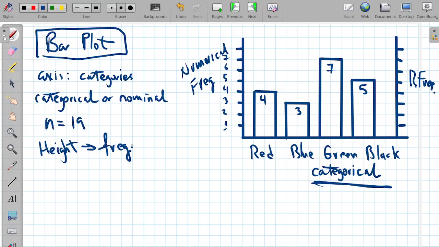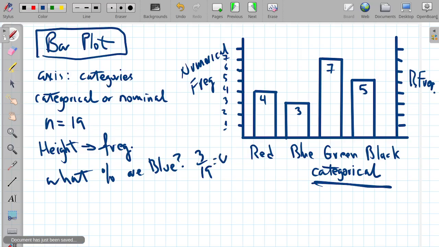Again, the same idea. If I wanted to know what percentage are blue, we could say what percent are in the blue category. Well, blue has 3. 3 out of 19. All right, let's see what that is. 3 divided by 19 is 0.1579. We'll just call it 15.8%.